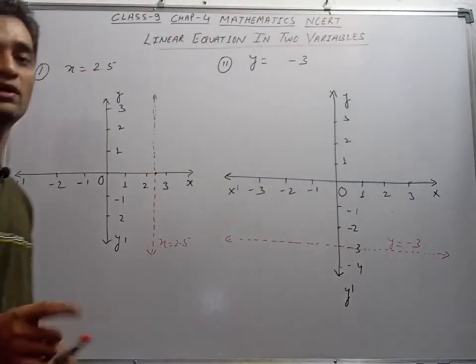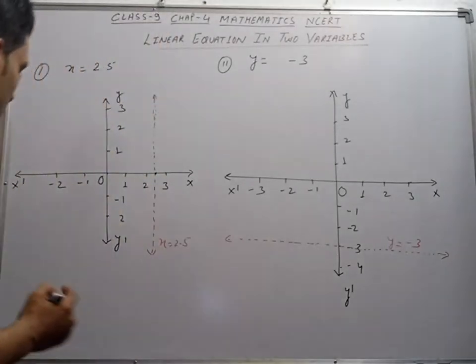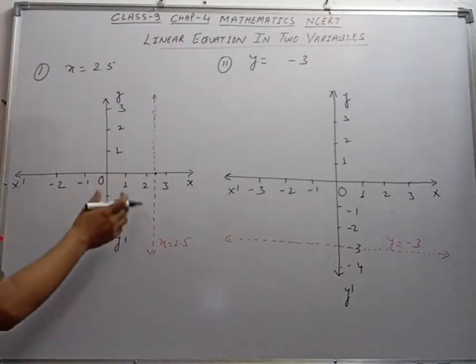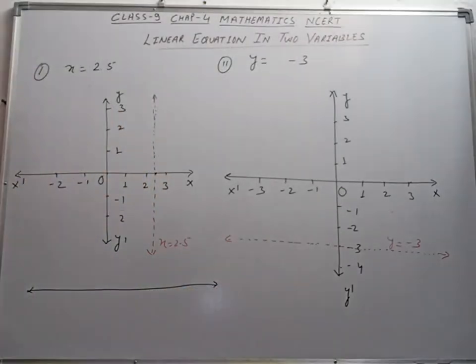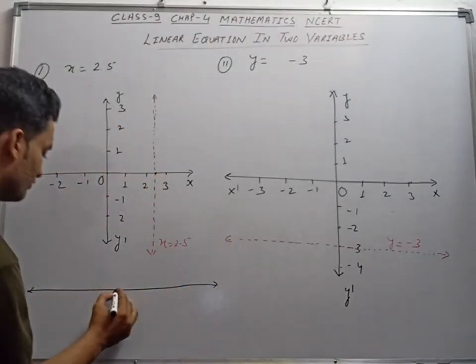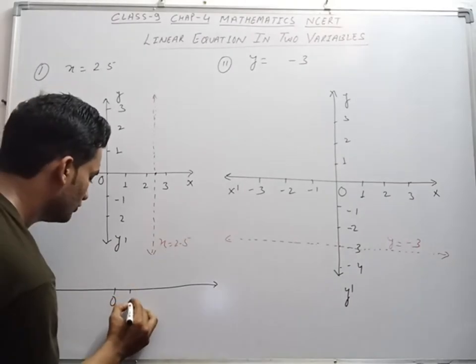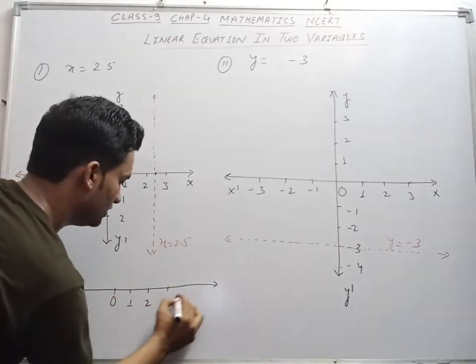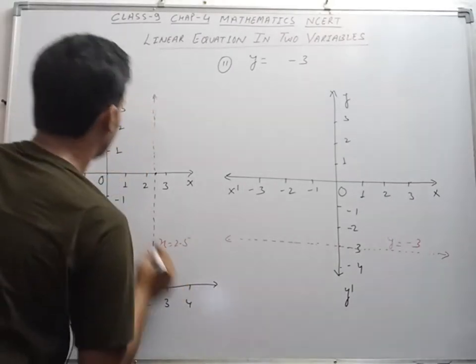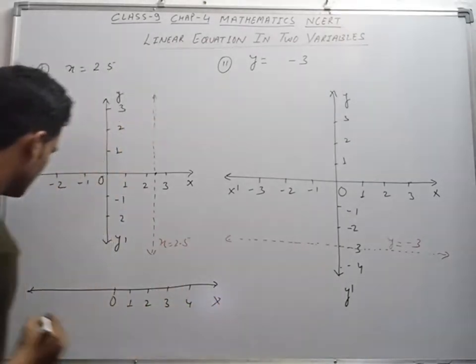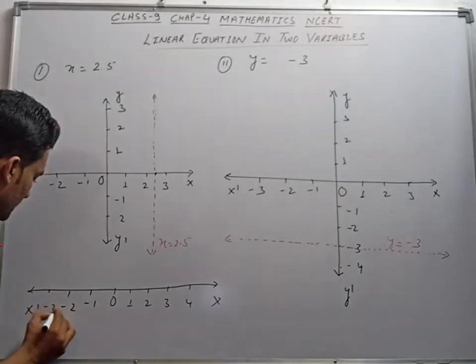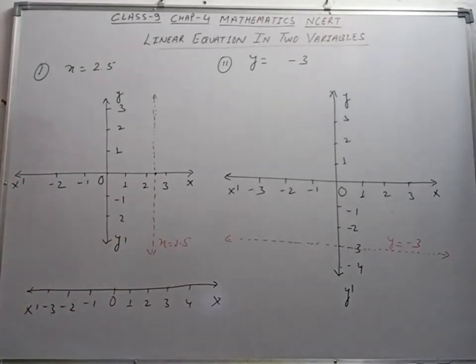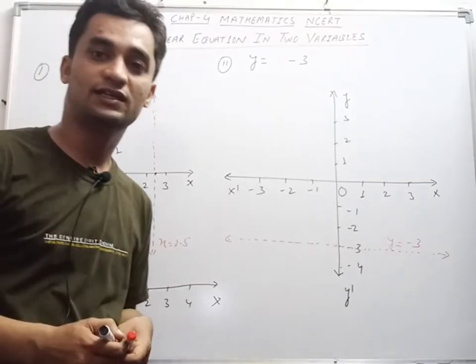In one variable, this is where we were showing the number line, 0, 1, 2, 3, 4. The value of x is given, so this will be x, this will be x dash. On the left hand side, as you know, we take negative values, going on from positive infinity to negative infinity.